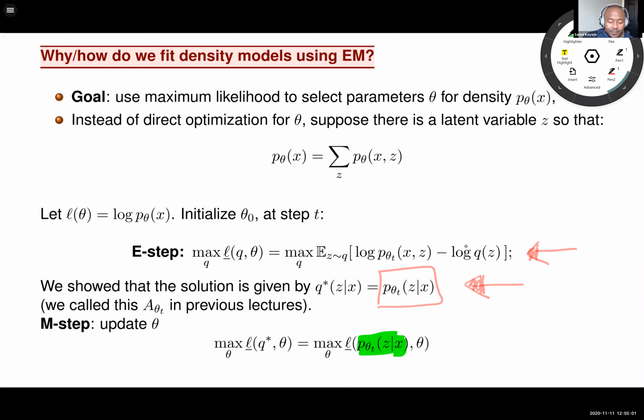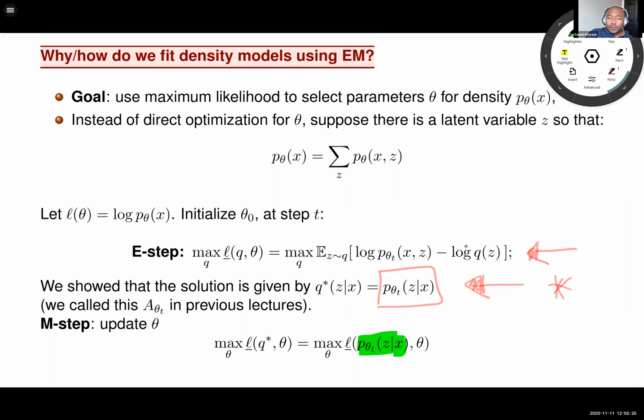In a couple of minutes, we'll talk about the variational version of EM, which is for cases where we can't solve the E step exactly, because it's harder than what we've seen so far. Any recap questions before we move forward?